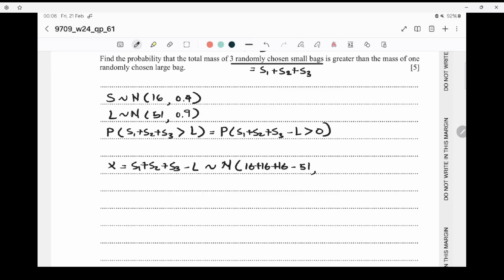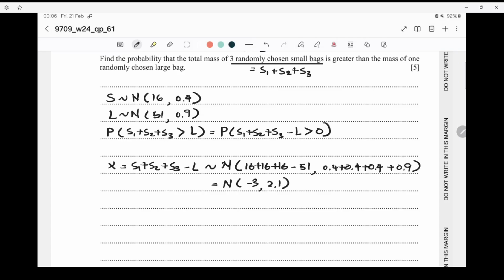For the variance, that will be 0.4 plus 0.4 plus 0.4, and for variance the minus becomes plus, so plus 0.9. So the mean is minus 3 and the variance is 2.1.